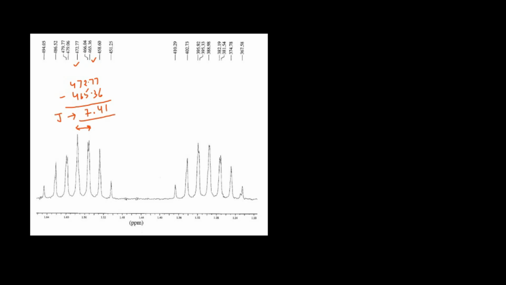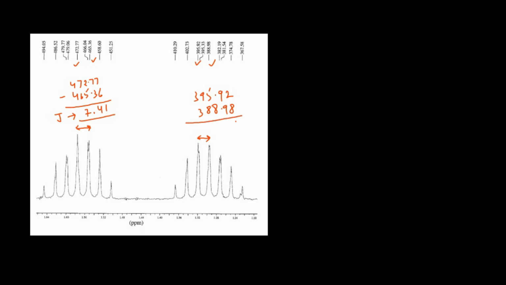Similarly, for the second one, if you want to calculate the coupling constant, you will take this particular value of 395.92, and this is the second value, which is 388.98, right?